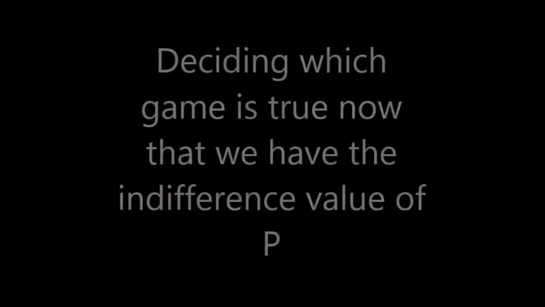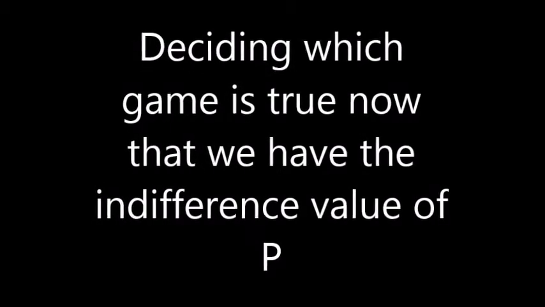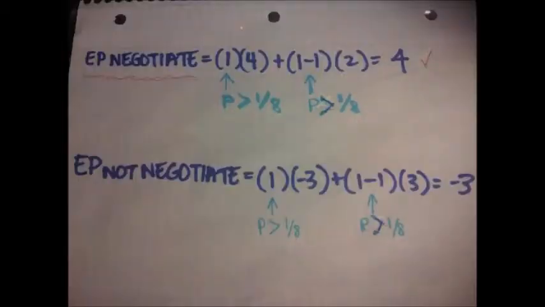Now that we know the indifference P is 1/8, we can use substitution to find out which is the true game. When we substitute a number such as 1, which is greater than 1/8, into the expected payoff equation, we see that the expected value for negotiating is higher than the expected value of not negotiating.